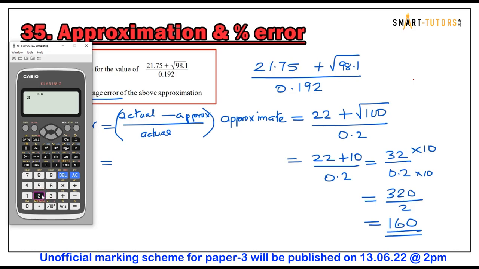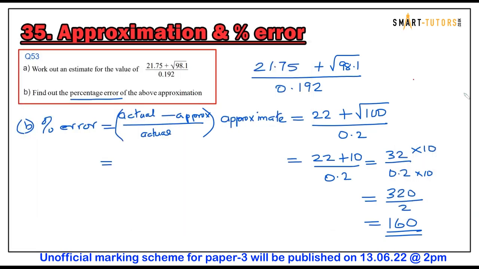So the actual answer is 21.7575 plus the square root of 98.1, and the answer is that divided by 0.192. The answer I got is 164.8674188. Minus the approximate, 160, over 164.8674188.